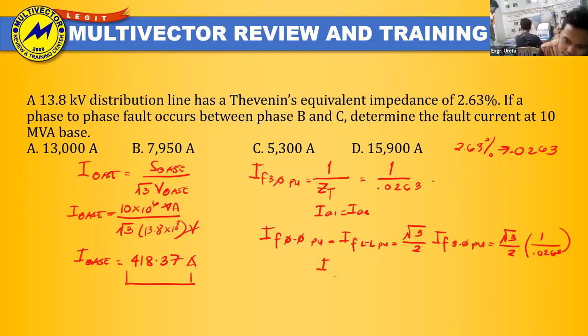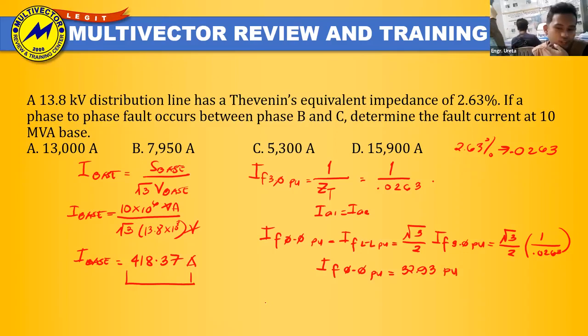Okay, so the fault current phase-to-phase per unit is just equal to, okay, so compute muna natin. Okay, so 32.93 ampere. Per unit pala, sorry.